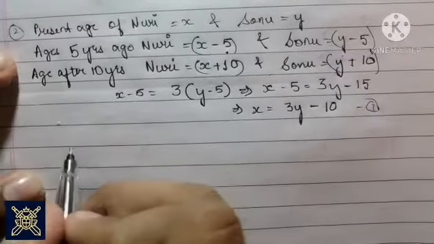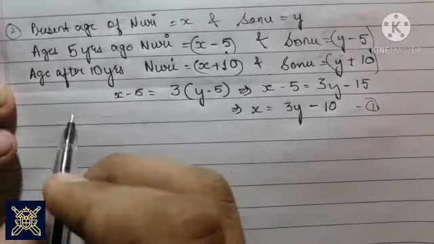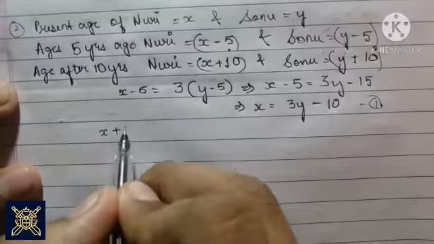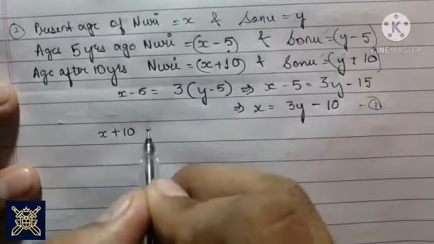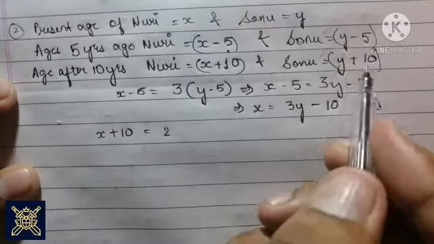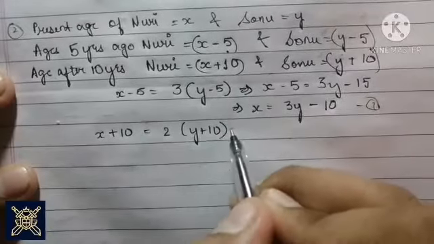Also it was given that after 10 years, Noori will be twice as old as Sonu. So Noori's age, that is x plus 10, the age after 10 years as we have written over here, is equal to twice Sonu's age at that time, that is y plus 10. So 2 into y plus 10. Again we will be simplifying it.